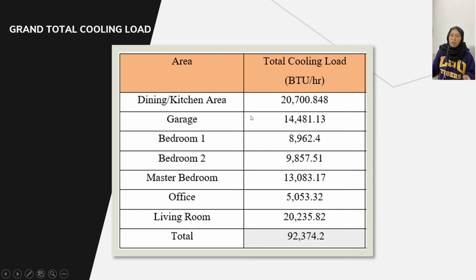From the cooling load estimation table, as I have shown just now, I could calculate the total cooling load in BTU per hour, which I gained about 92,374.2 for every room in the house plan that I have proposed.